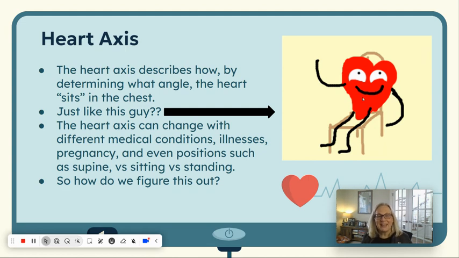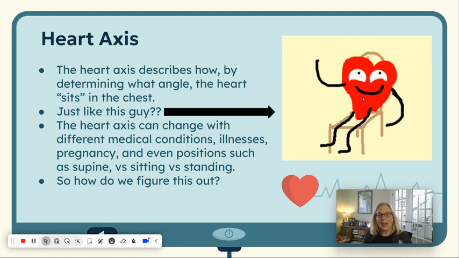Now, it can change position. Your heart can move inside your body based on what position you're in. If I'm sitting up versus lying down, my heart axis might be in a slightly different position. If a pregnant woman has lots of stuff in the bottom of her belly pushing up on the heart, it can push the heart axis up a little bit.